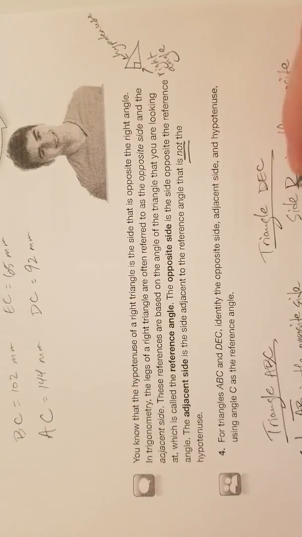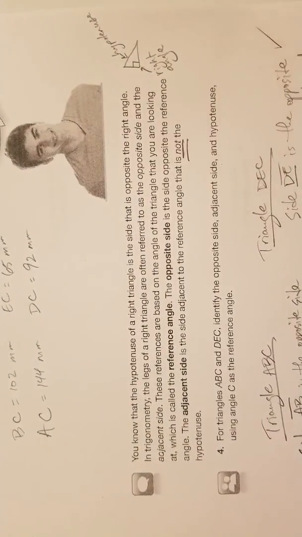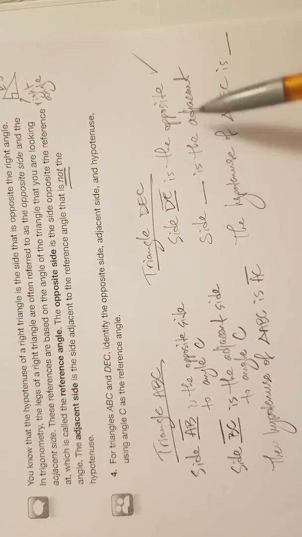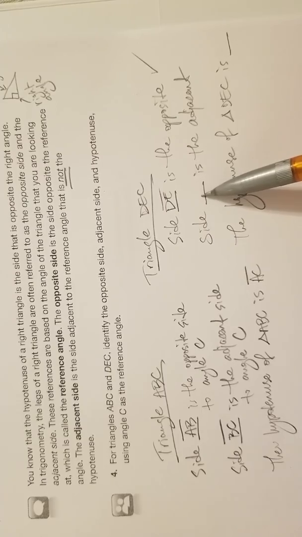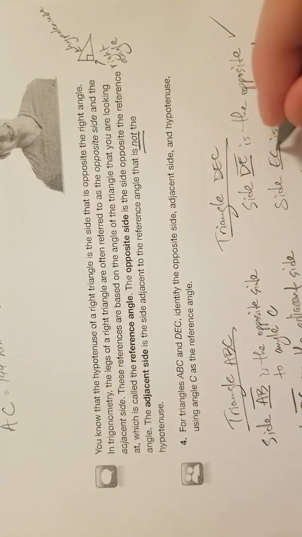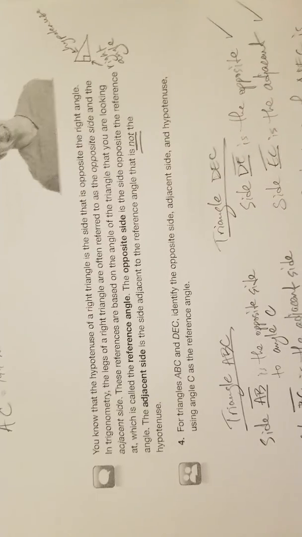Give yourself a little point if you got it correct. Now, write down which side is the adjacent side of angle C. Okay, let's check. Angle C, the adjacent side is EC. If you put EC, give yourself a little check.